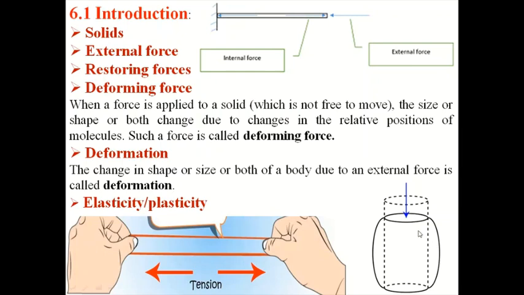But in another case, where we compress this cylinder, it won't take its original size and shape. Due to that external force, the body will change its size and shape. So that force is known as deforming force. Means the body or material gets deformed.